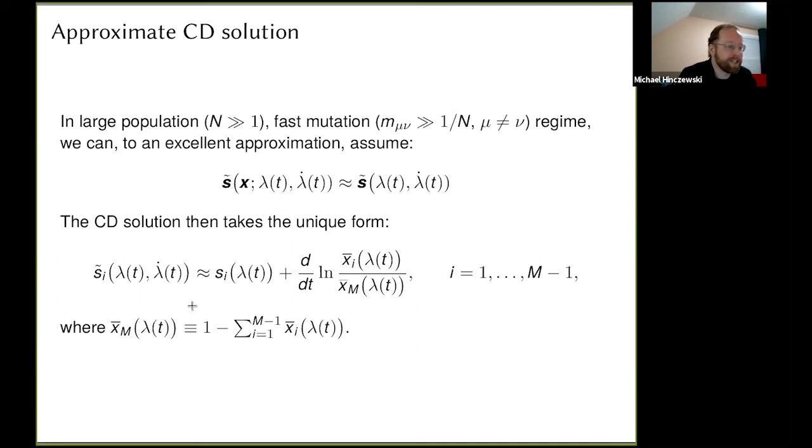We define everything relative to one wild type reference, and it just makes it easier to do that, because then you work in a dimensional space which is one less than you otherwise would have to. So you factored in the constraint that all the X's have to add up to 1 in effect by doing that. Yeah, and in particular this X bar m here, the average of the wild type, you find by just taking 1 minus the sum of the others.